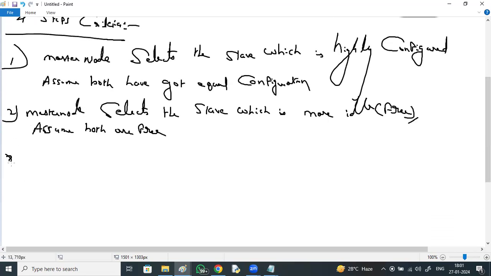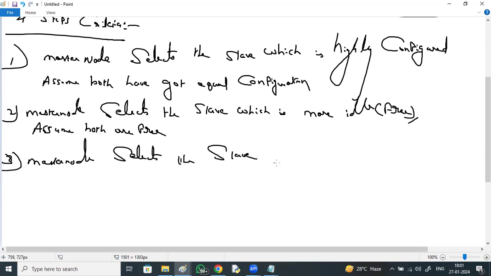Then the master node selects the slave nearest to it.